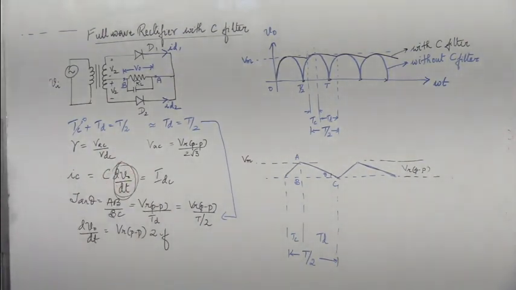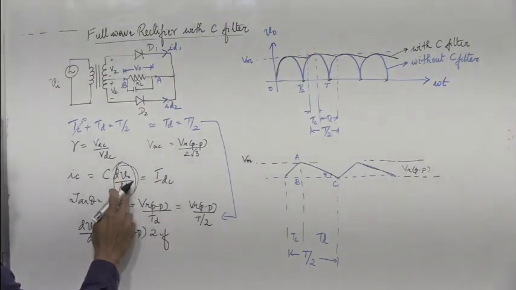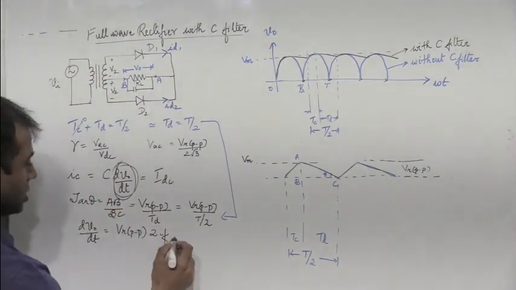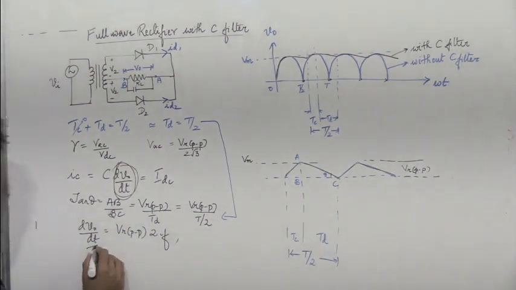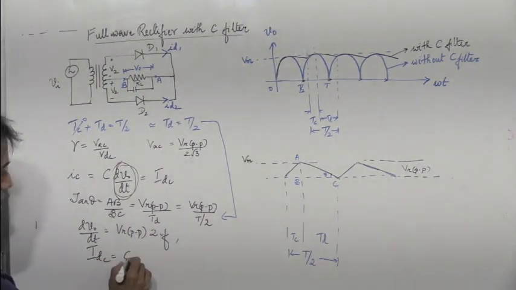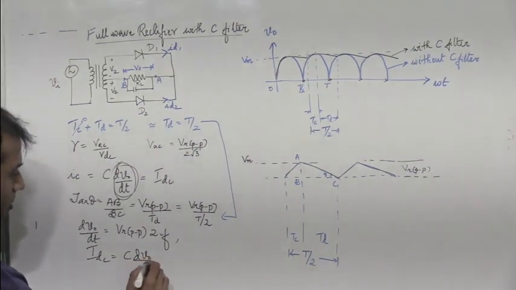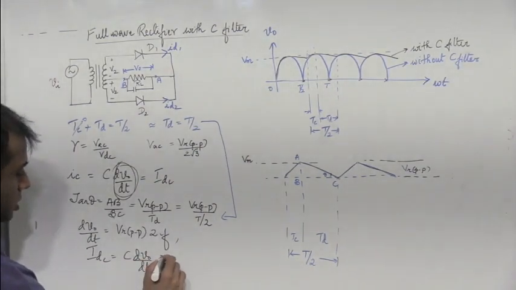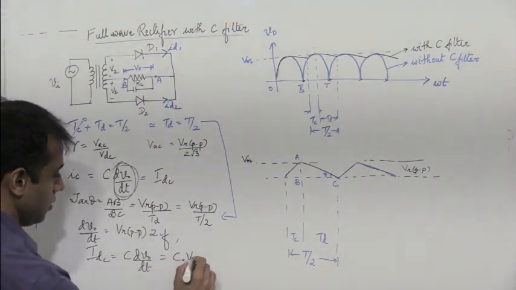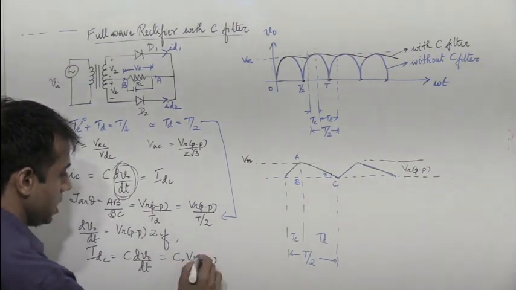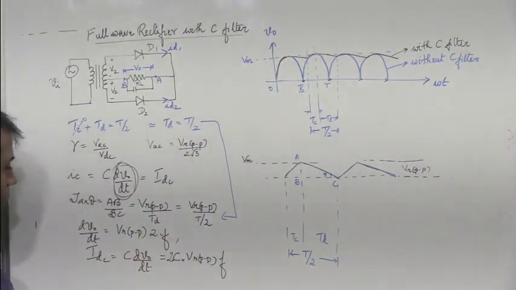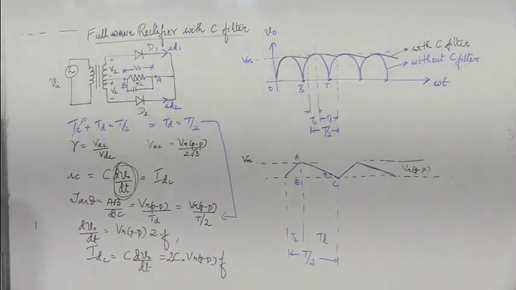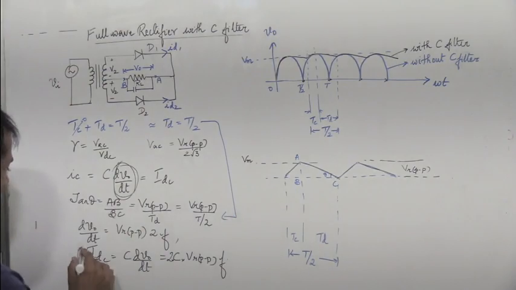We know that IDC is C dV naught by dt. So therefore IDC is C into VR peak to peak into 2 into F. Right? So this is the expression we get for IDC.